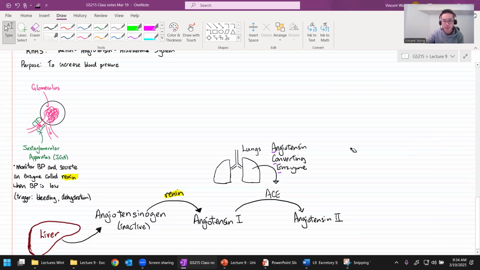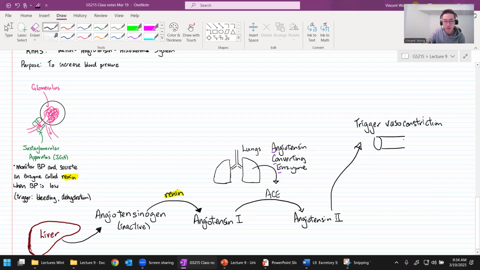Well, to fix low blood pressure, one thing you can do is, angiotensin number two is going to trigger vasoconstriction. In other words, it makes the blood vessel narrower.